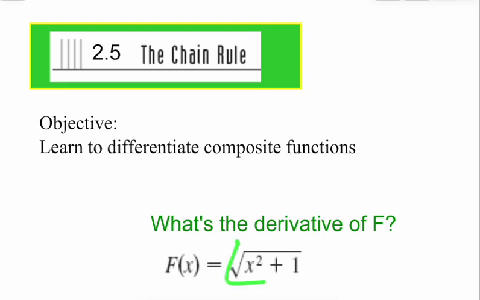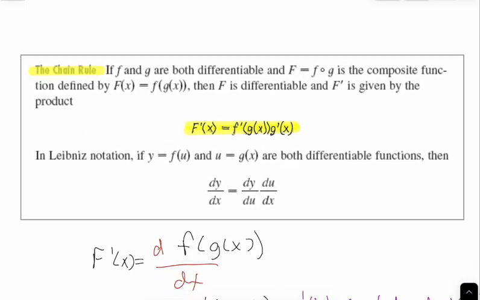Yes, it might be helpful to write that as a 1/2 power instead, but then what? What's the rule? What do we do? So that's where the chain rule comes into play. It's a brand new rule we have to memorize and know. And here it is.